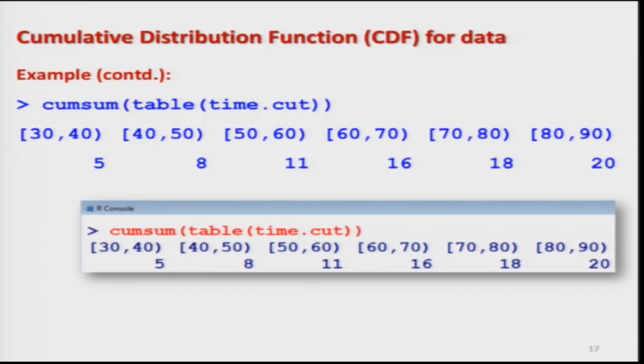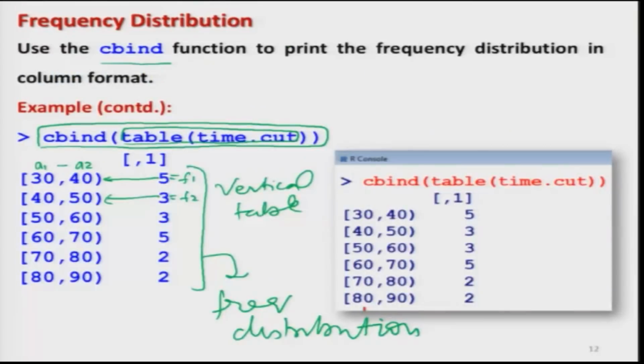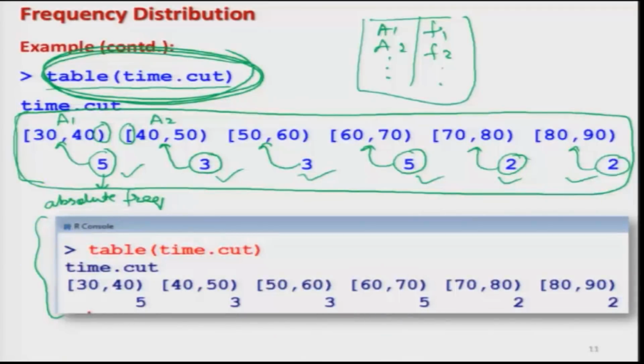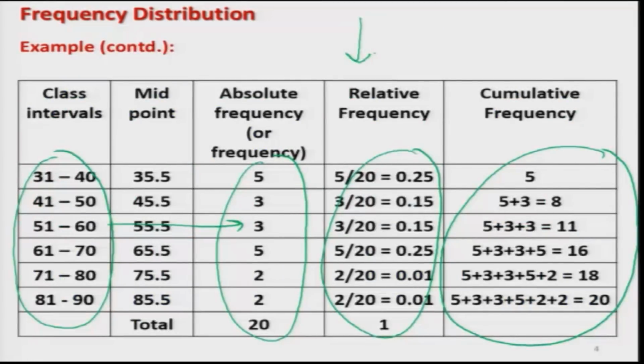We had this data set that was obtained for the absolute frequencies, meaning I had 6 intervals and then 6 absolute frequencies such as 5, 3, 3, 5, 2 and 2. Now, if I try to obtain the cumulative frequencies, I had shown you in the earlier slide how we are going to find them.